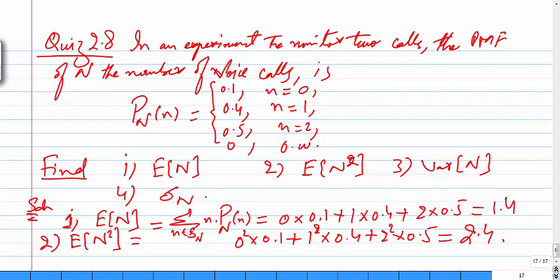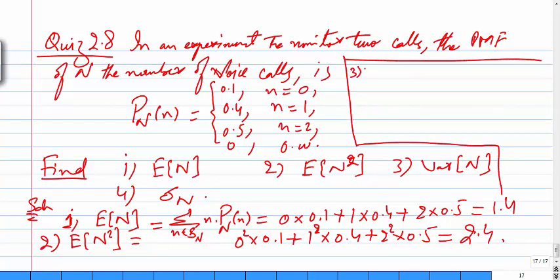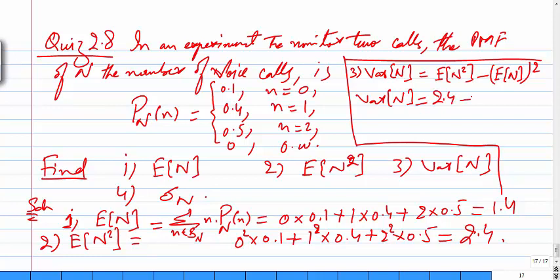Now the third one is the variance and standard deviation. So the third one is variance of n. We know that it is equal to expected value of n square minus the expected value square. We already calculated these two, so variance of n becomes 2.4 minus 1.4 square. When we solve this, this becomes 0.44.